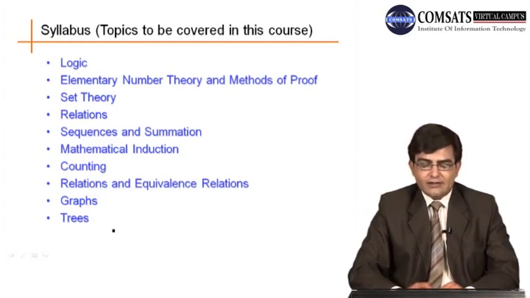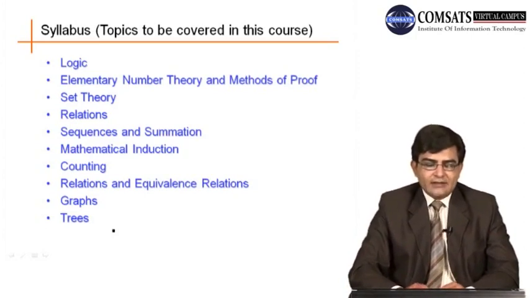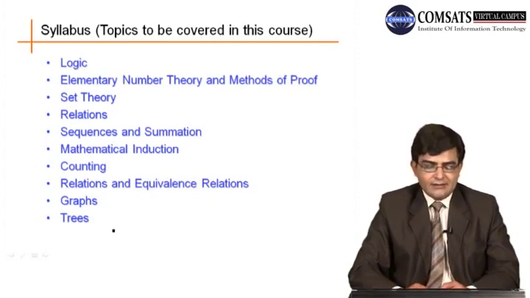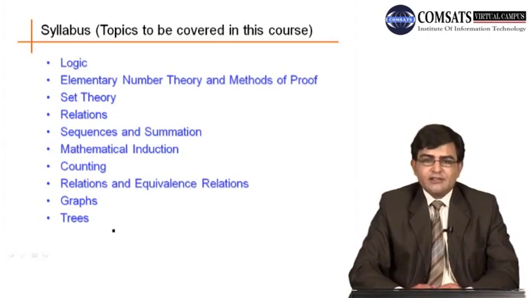In this we have discussed different types of methods of proofs. We have discussed also set theory, the basic properties of sets, and then in this course the relations, equivalence relations, and how they help us in computer science. We have also discussed sequences and summations, and another very famous method of proof, which is mathematical induction.